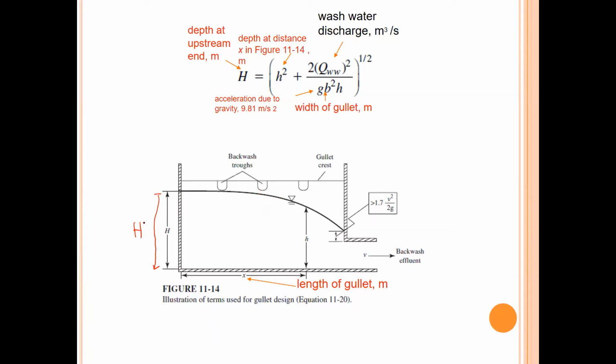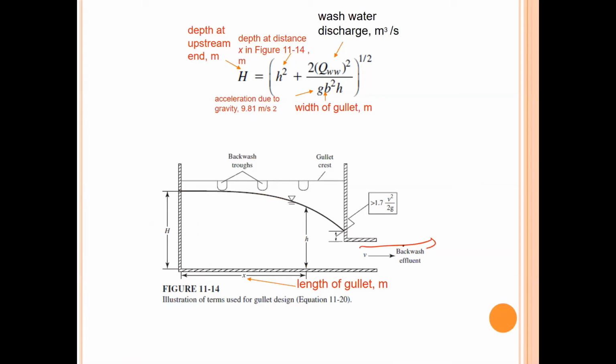We denote it by capital H. But when water goes out from the outlet of the gullet, there will be a decline of depth, and the depth will vary. This variation of depth we can represent by small h.